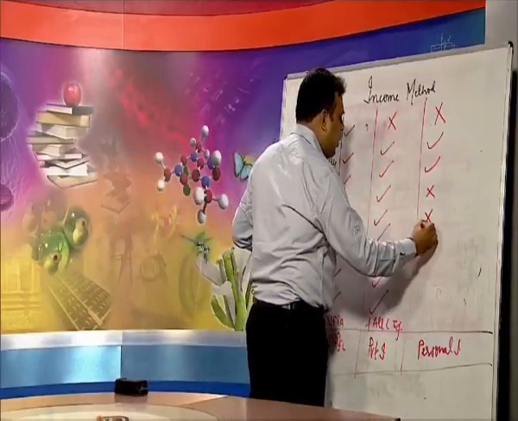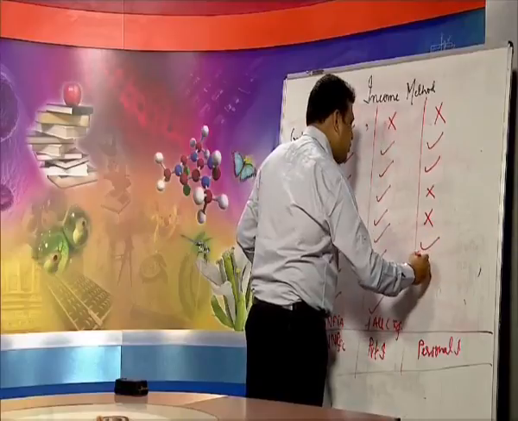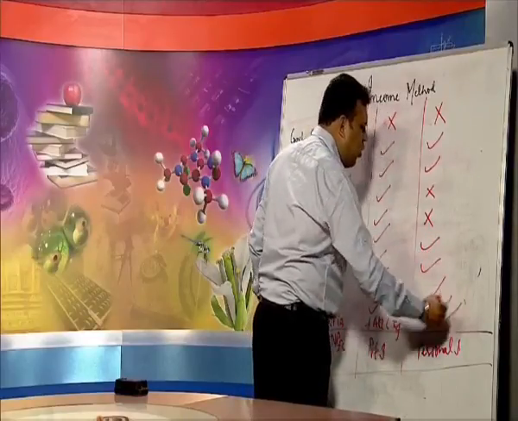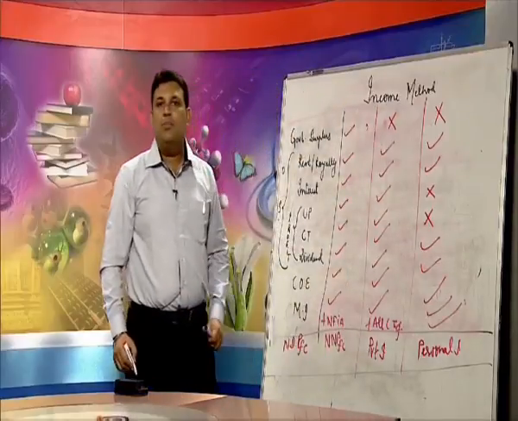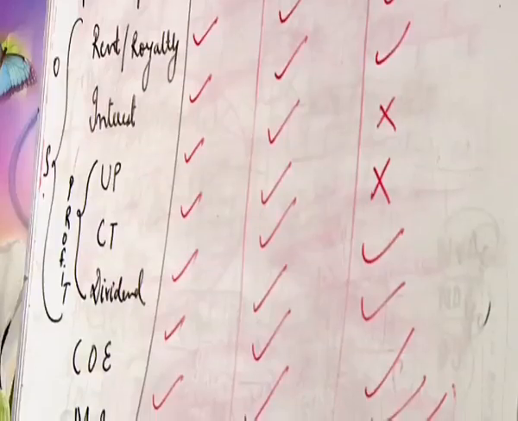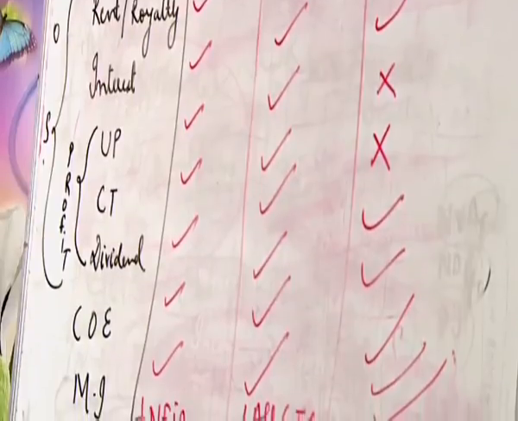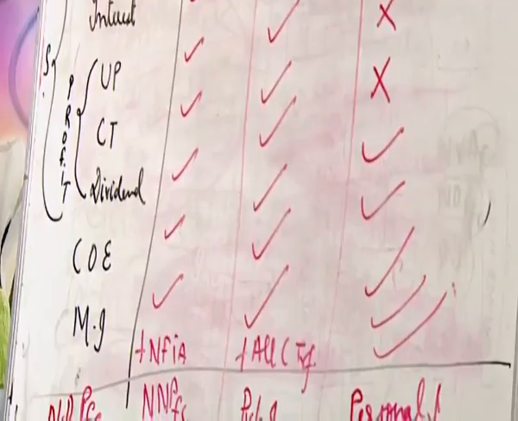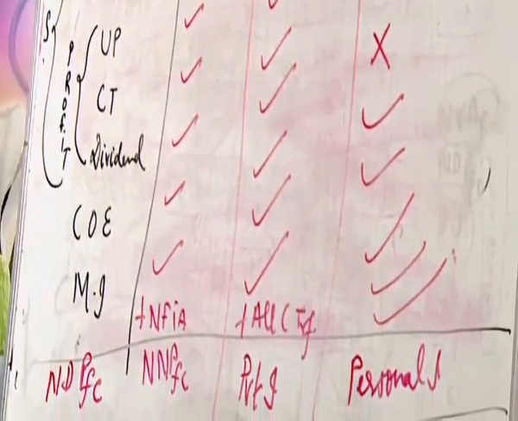CT goes to government. Dividend, compensation, mixed income, NFIA and all transfers. This is your personal income. Personal income means income of a particular household. So this is the complete picture of your income method.